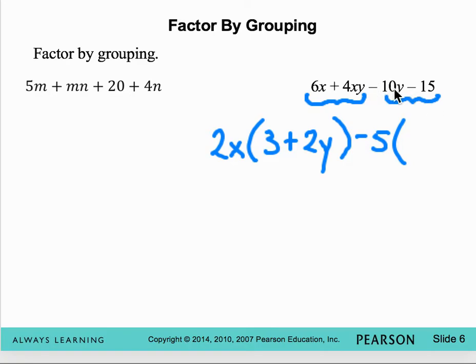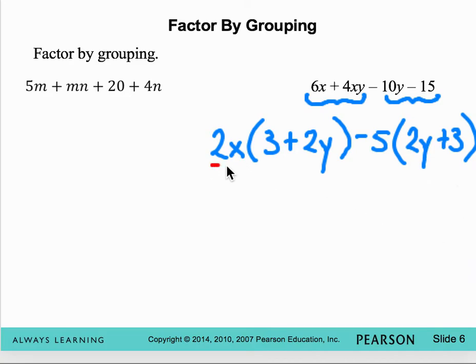This will be positive and that'll be positive now. Or you can think of it as you're factoring a negative 5 out. Right? If there's a negative in front, I always want it to come out. Okay, so negative 10 divided by negative 5 leaves positive 2y. Negative 15 divided by negative 5 leaves positive 3.